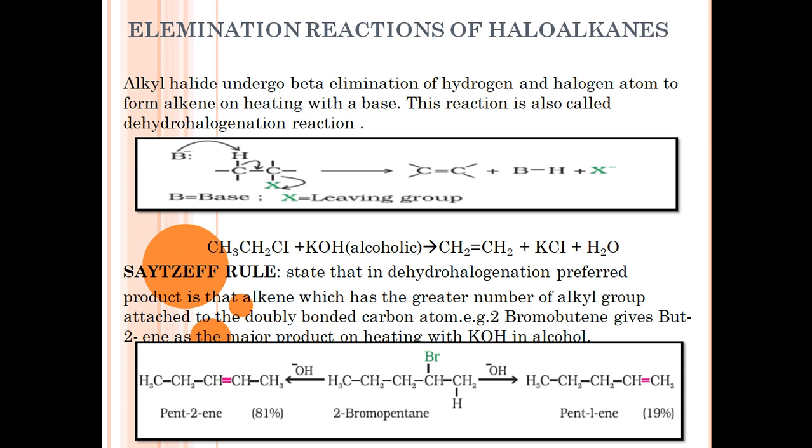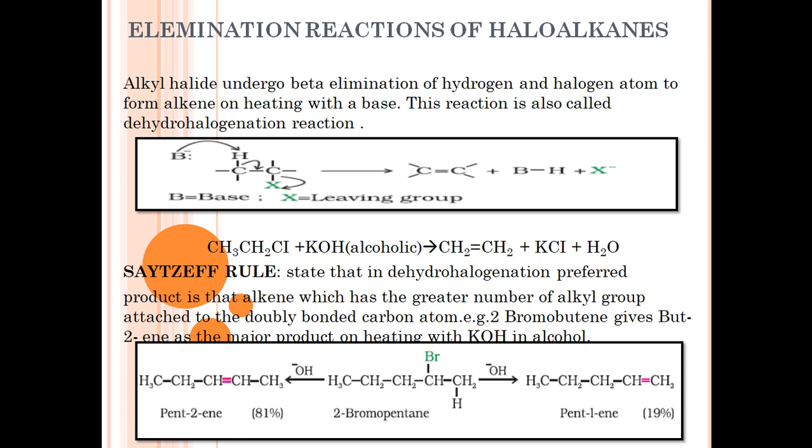And Saytzeff's rule states that the preferred product of dehydrohalogenation is that alkene which has the greater number of alkyl groups attached to the doubly bonded carbon atoms. For example, 2-bromobutane gives but-2-ene as the major product on heating with KOH in alcohol.